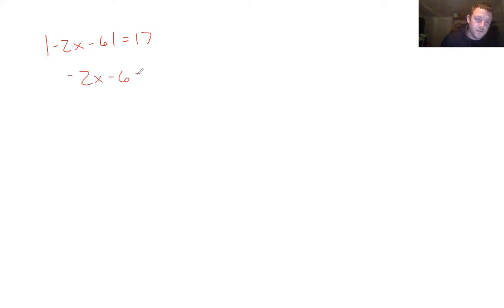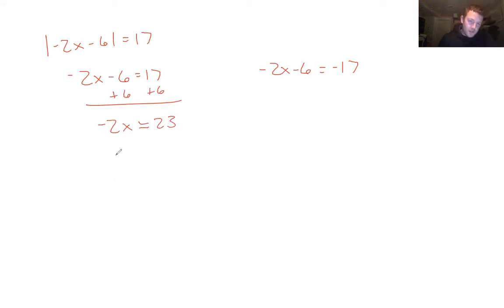So I'm going to set up two equations. -2x minus 6 is equal to 17, and -2x minus 6 is equal to -17. Could be two different solutions. So again, add 6. -2x is equal to 23. Divide by -2, so x would equal -23 over 2.